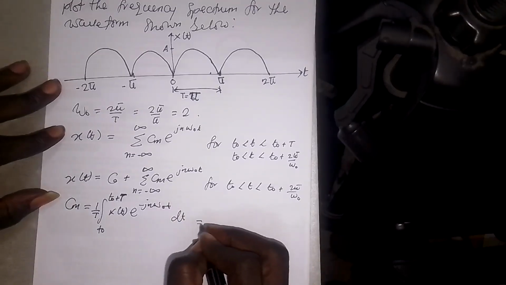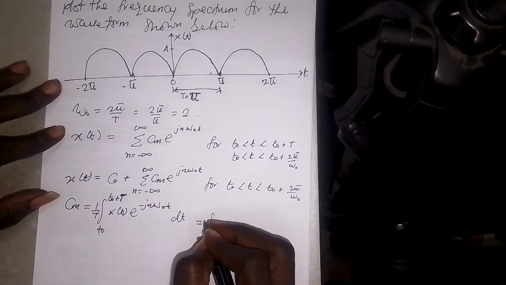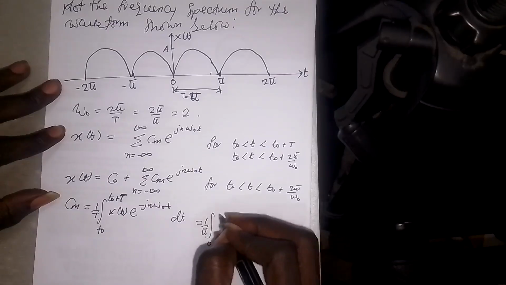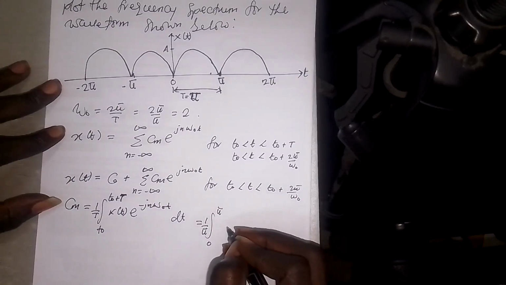So this is equal to what? Here we can say that 1 over pi into the integral from 0 to pi of x of t.